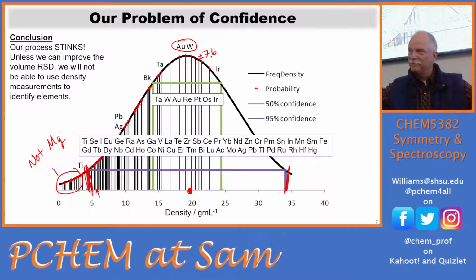If someone said, I think this is magnesium, and gives it to you, and you weigh it and put it in the graduated cylinder, and it comes out at 19.25 grams per mL, you'd say, I'm 95% sure that's not magnesium, because its density is like 2.5 or something really small. It's really not very dense.